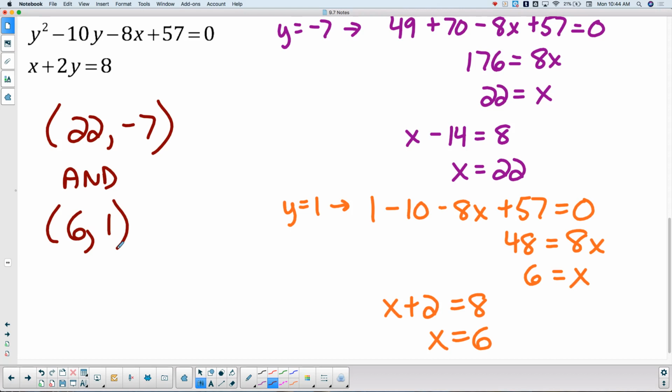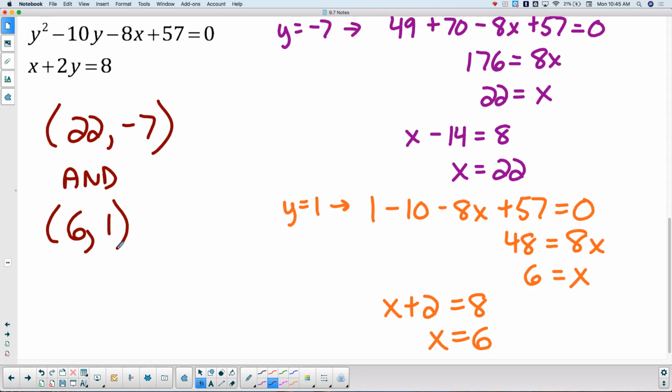Okay. Does it make sense? Well, first off, what is this first equation? What shape is that going to be? Parabola. Okay. Opening which way? To the left. Give you another chance. I mean, to the right? Yep, because when you move the 8x to the other side, it becomes positive. Okay. What's the second one? Second one is the line, right?